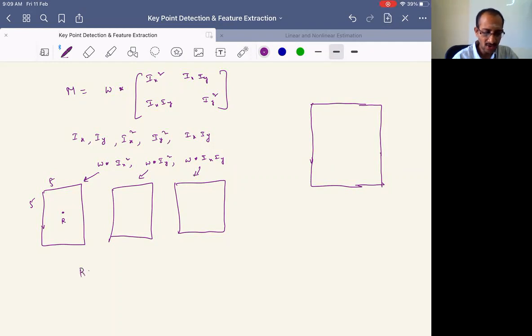At this point, you need to calculate R using the formula from M. You will be extracting the determinant and trace, so the determinant of M, which is based on the eigenvalues, and the trace of M whole square.